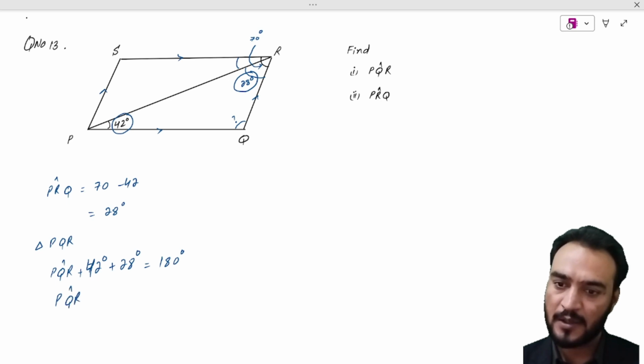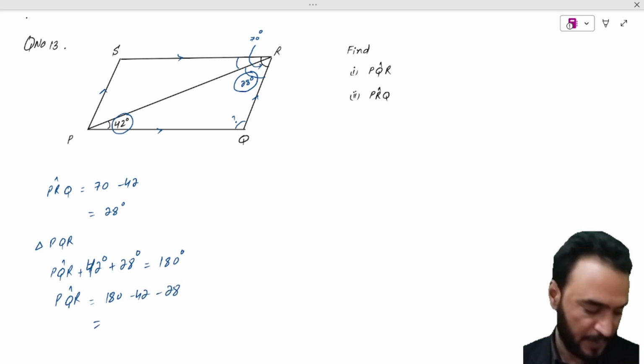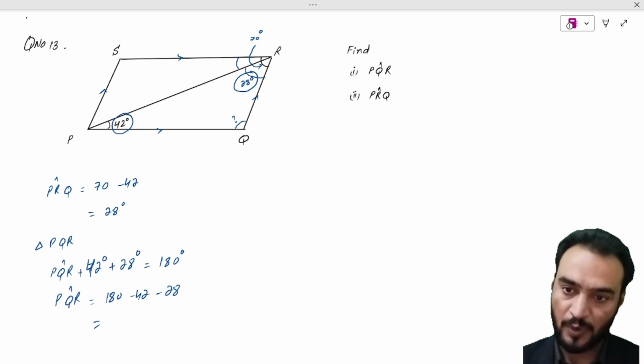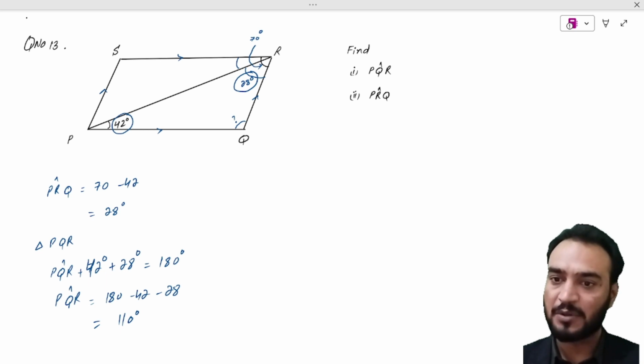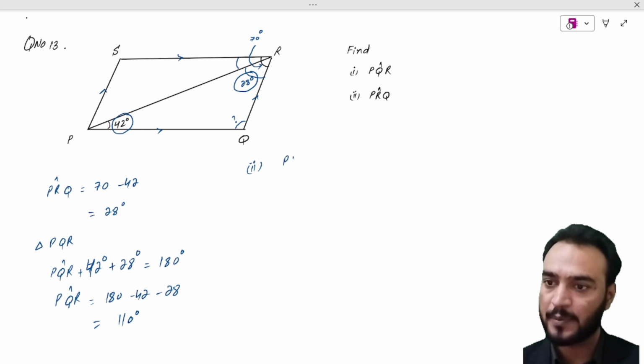PQR is equal to 180 minus 42 minus 28. The angle PQR is equal to 110 degrees. So this was part one, and the part two of this question is angle PRQ.